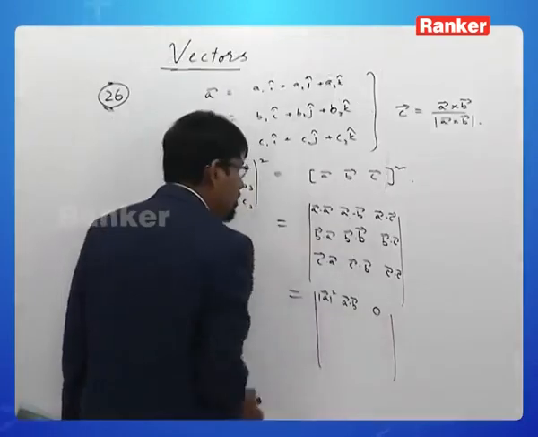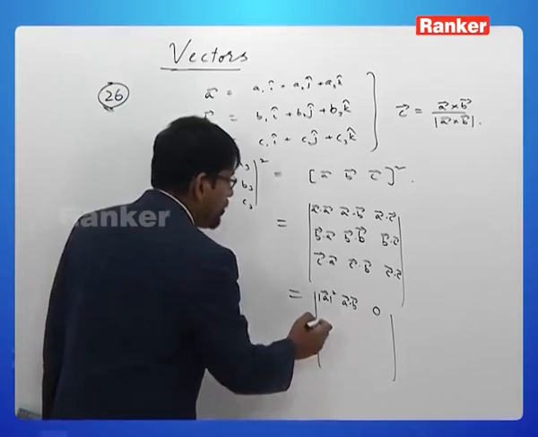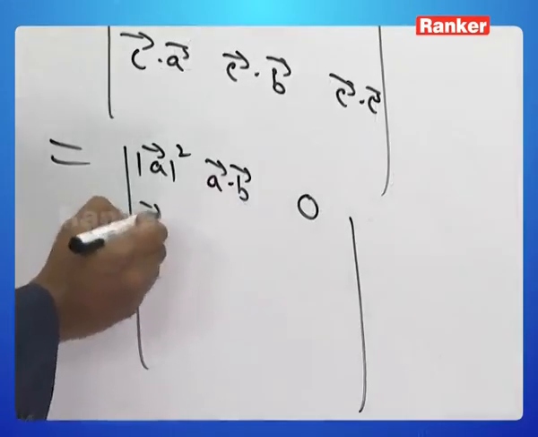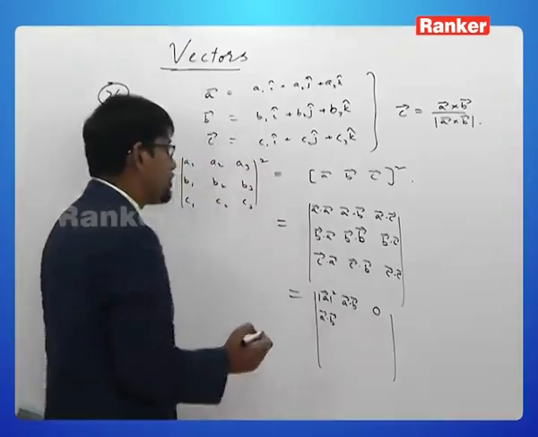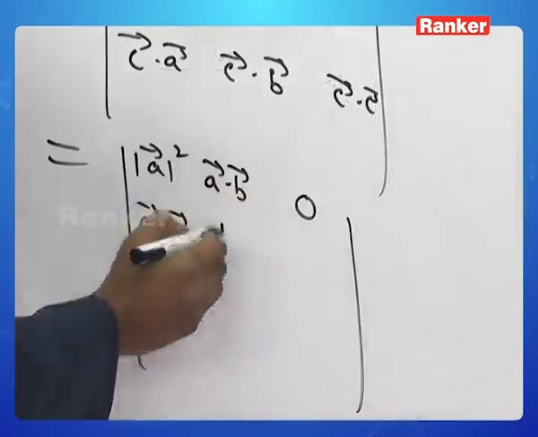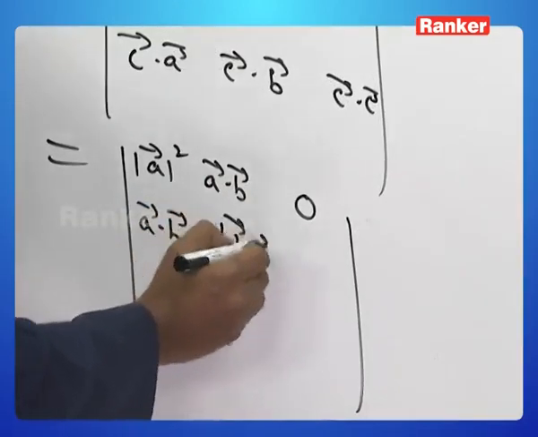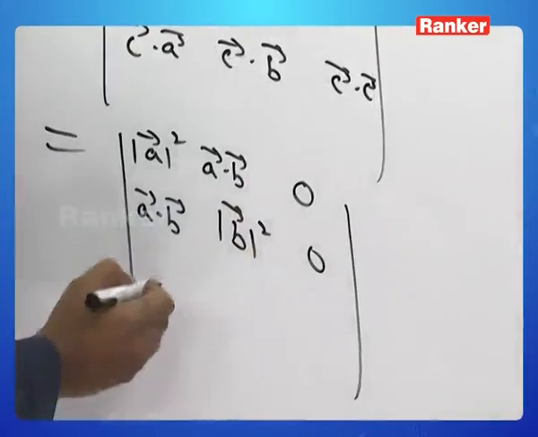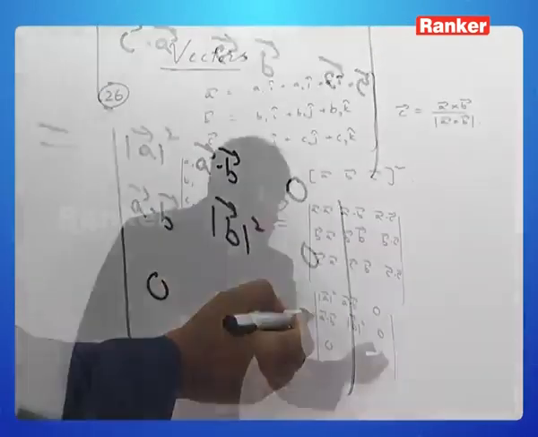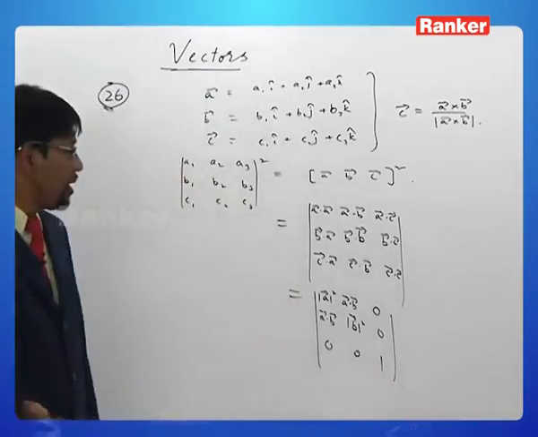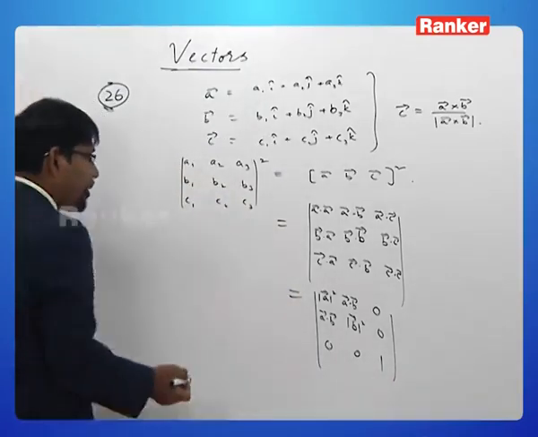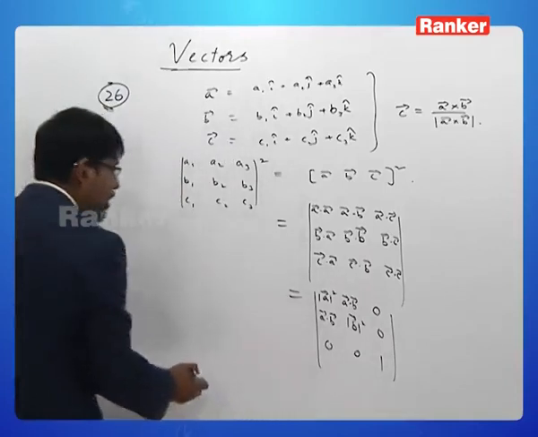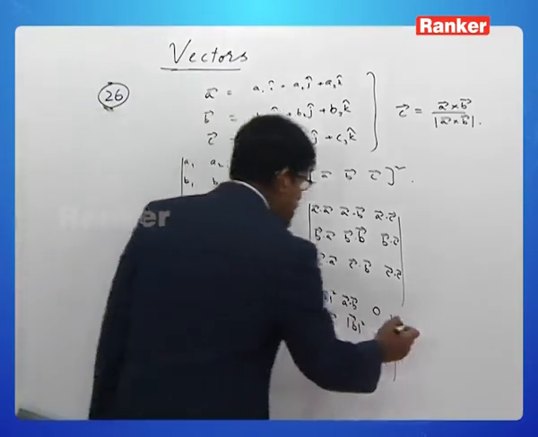A bar dot B, C bar is 0. And here again we'll write this as A bar dot B bar. Magnitude of B square. Okay, what about here? This is 0, this is 0, 0, and then C is a unit vector, so magnitude of C is 1.